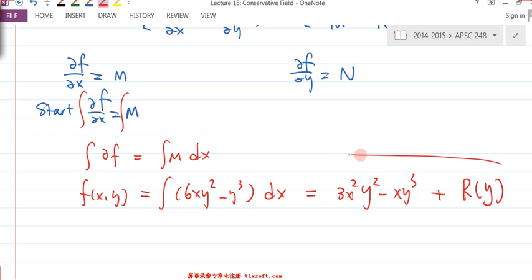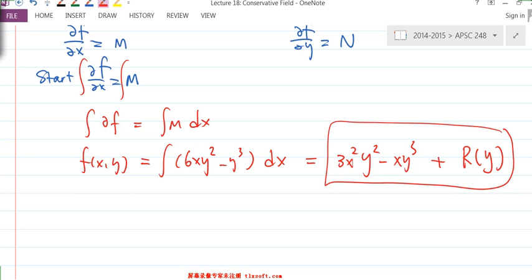This side is the antiderivative, so the derivative of this with respect to x should give me back M. Since this is a function of y, its derivative with respect to x is 0. That's why you don't put a constant c here; you put a function of y. That's a very common mistake. So this is what you get after applying the first condition.